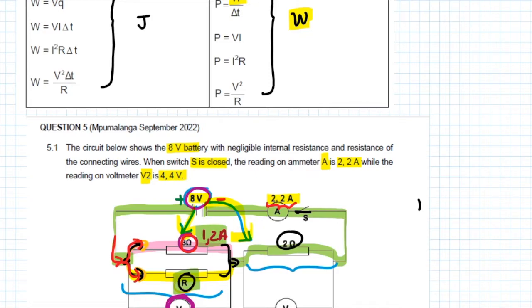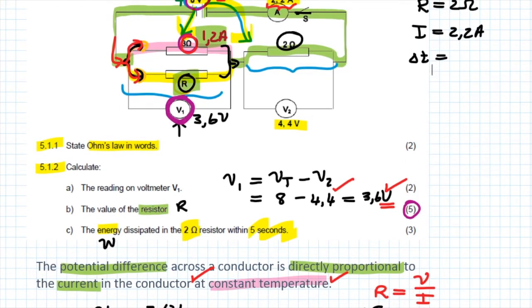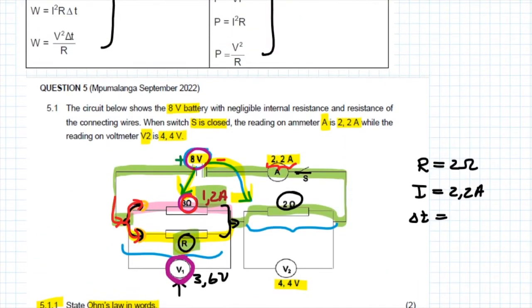Firstly, we know its resistance is equal to 2 ohms. Secondly, we know that the current that flows through it is 2,2 amperes. Thirdly, we know that we are looking for the energy dissipated in 5 seconds. So the time is going to be 5 seconds.